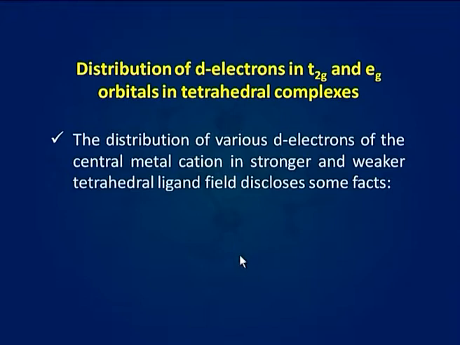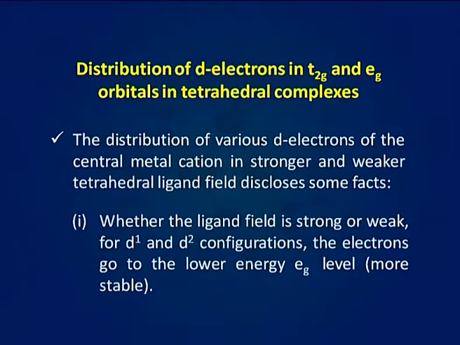The distribution of various d electrons of the central metal cation in stronger and weaker tetrahedral ligand field discloses some facts. The first one is whether the ligand field is strong or weak, for D1 and D2 configurations, the electrons go to the lower EG level, which is more stable.